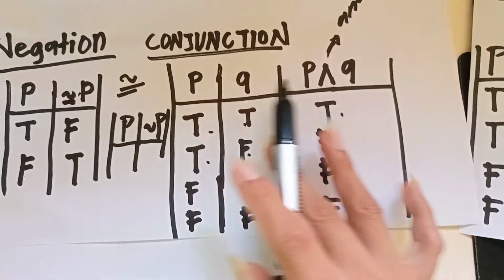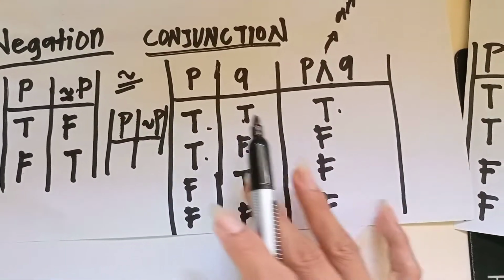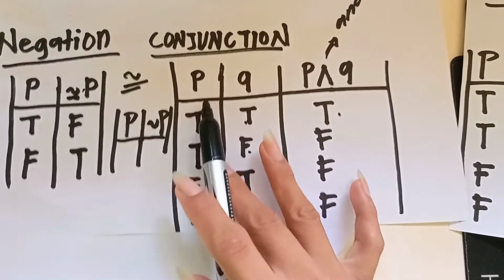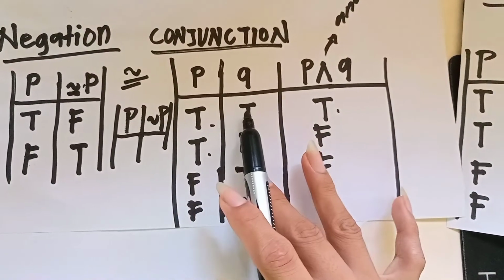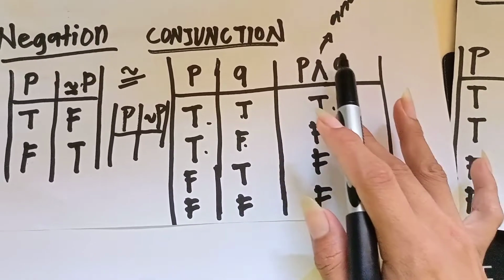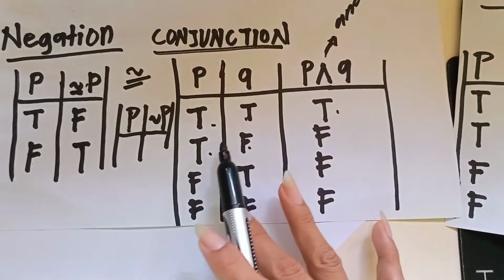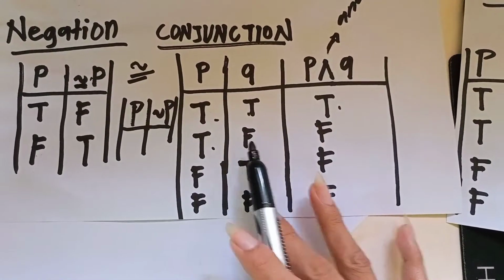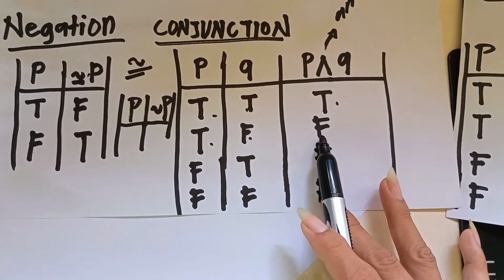For example, this is our example with P and Q. Our P here is true, and our Q is also true, so the whole statement is true. Then here it is true, and on the other side it is false, so it becomes false.